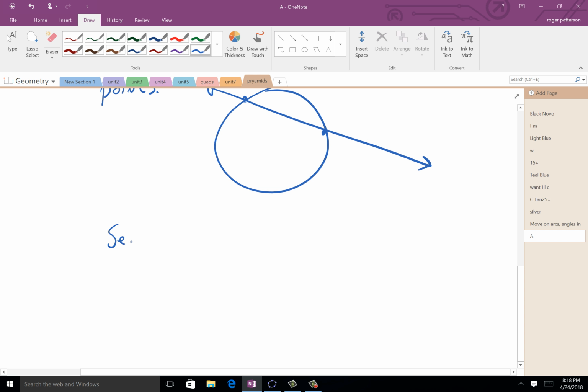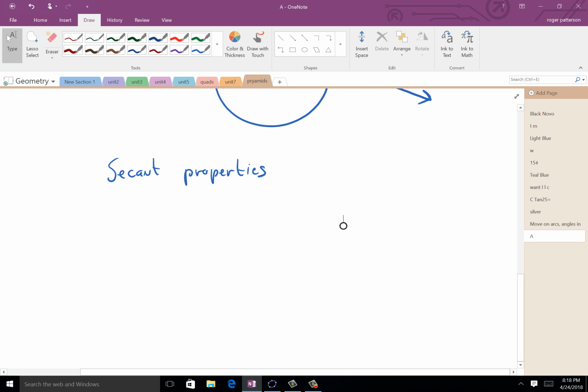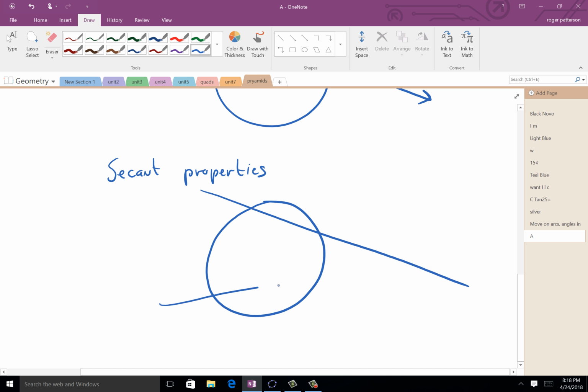What about our secant properties? Okay, the first property was the one that we talked about up above there. But we're just going to redo this. There's our 2 secants.